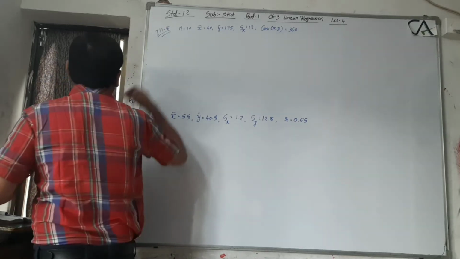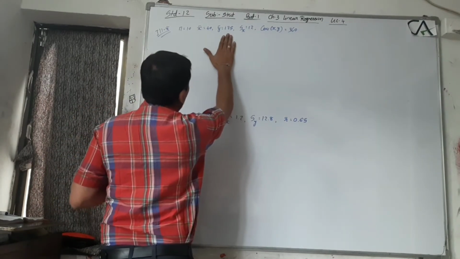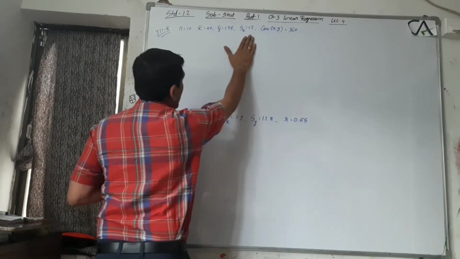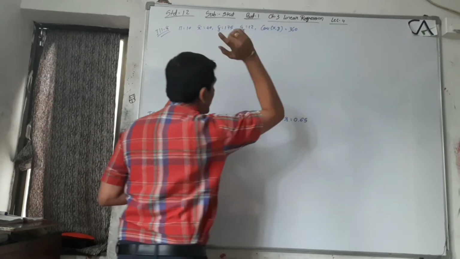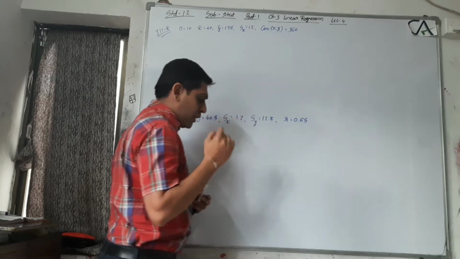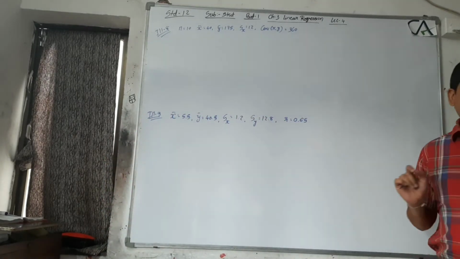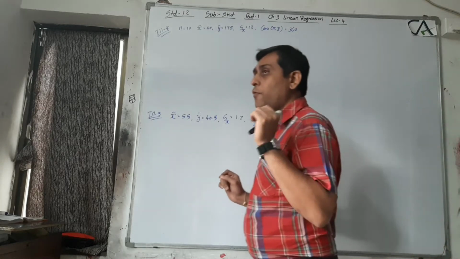So here n is equal to 10, x bar 40, y bar 175, Sx 12, and covariance of xy. See here, covariance of xy is given. So what is your first click? See, I told you that you have to remember all the formulas.